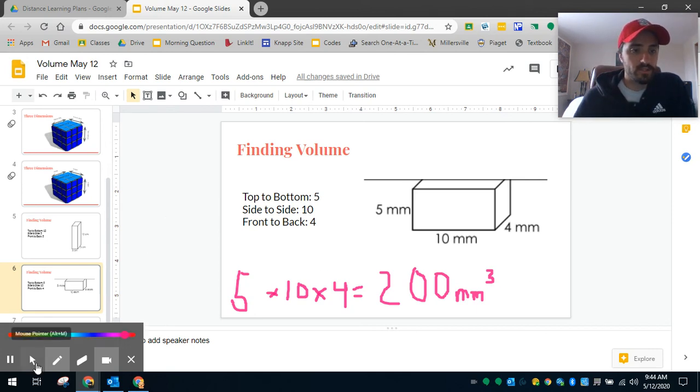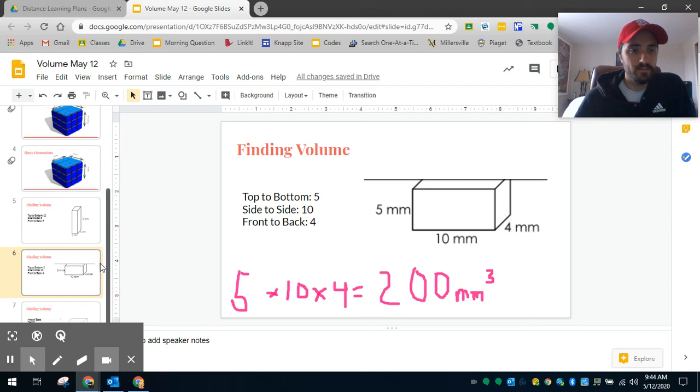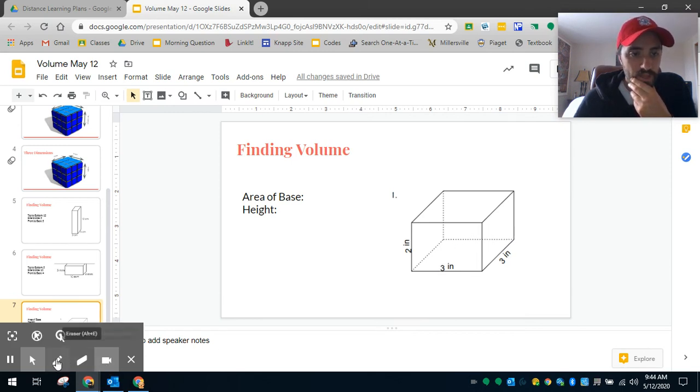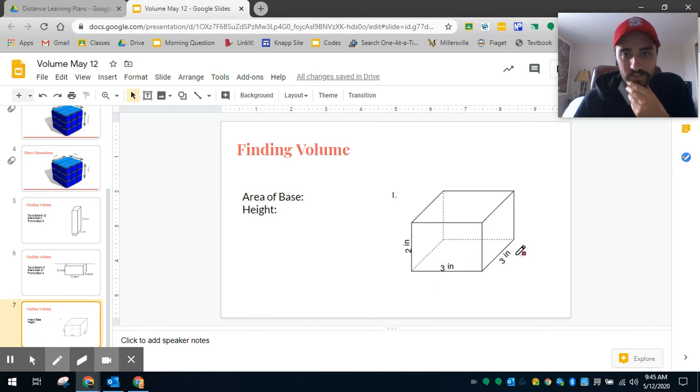Something we're going to talk about just real quick here is one different way to do this. It's basically the same way, but it's another way that you're going to see it. To find the volume, we can find the area of the base and multiply it by the height. The area of the base, just like we do with our area model, is our side to side times front to back. So we know that the area of this base here is 3 times 3.